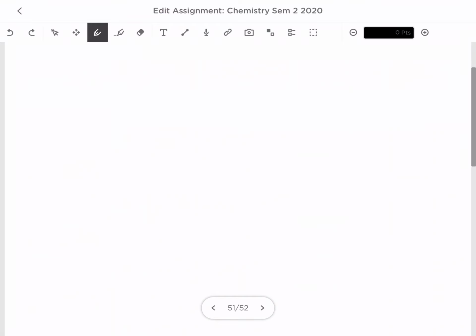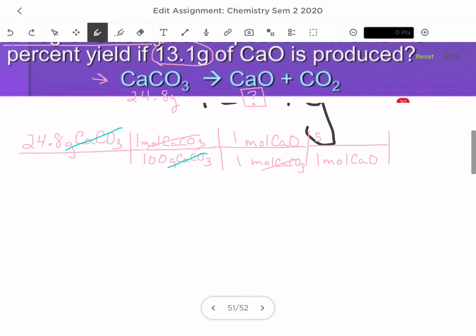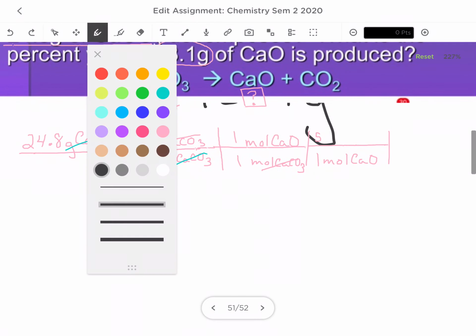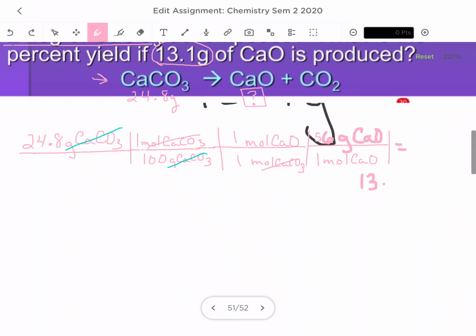Let's see where we are. Uh-oh, we lost some of our work. That's okay, though. We can fill it back in. So it was 56 grams of CaO, which gave us 13.888 grams of CaO, and we rounded that to 13.9 grams of CaO.